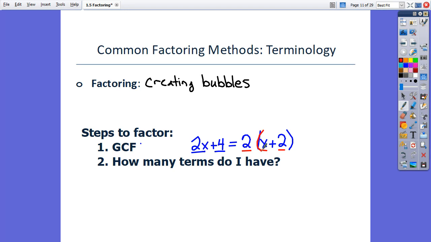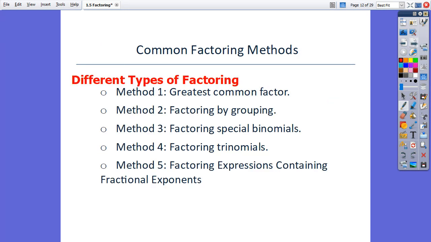So when I say how many terms am I dealing with, we're talking about the factor that the GCF was removed from. If we had something like x squared plus 3x minus 4, then when we look at something like this one, we'd say there are 3 terms. And so that's going to be a different process than if it's 2 or if there are 4. Okay, so we really have to get into one of those categories and get organized in our brain.